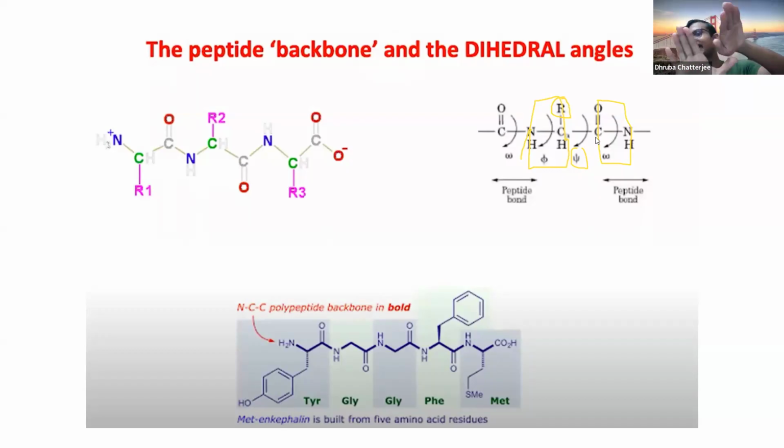So that happens at certain angles. Those angles are not allowed. Those angles are prohibited. Those conformations which lead to those angles are not energetically favorable. So those angles are not assumed.